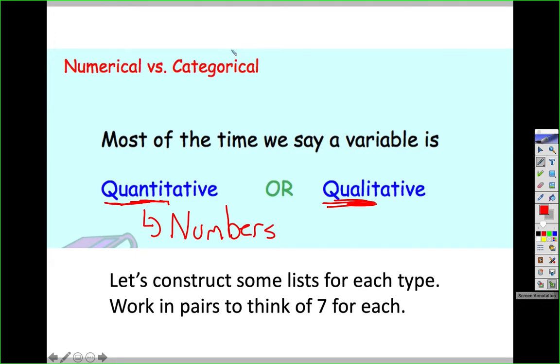The next person could be 65 and 3/4 inches tall. So what we're going to do now is you're going to do some problems and construct some lists of variables. You're going to look at variables and decide, are they quantitative? Are they qualitative? Remember, quantity is numerical. Quality, things that take categories only, fixed outcomes, words.